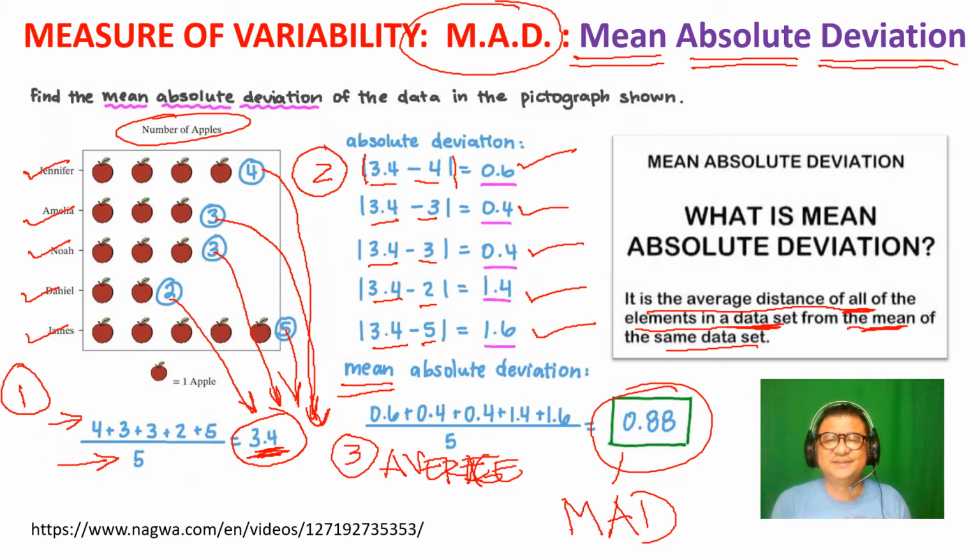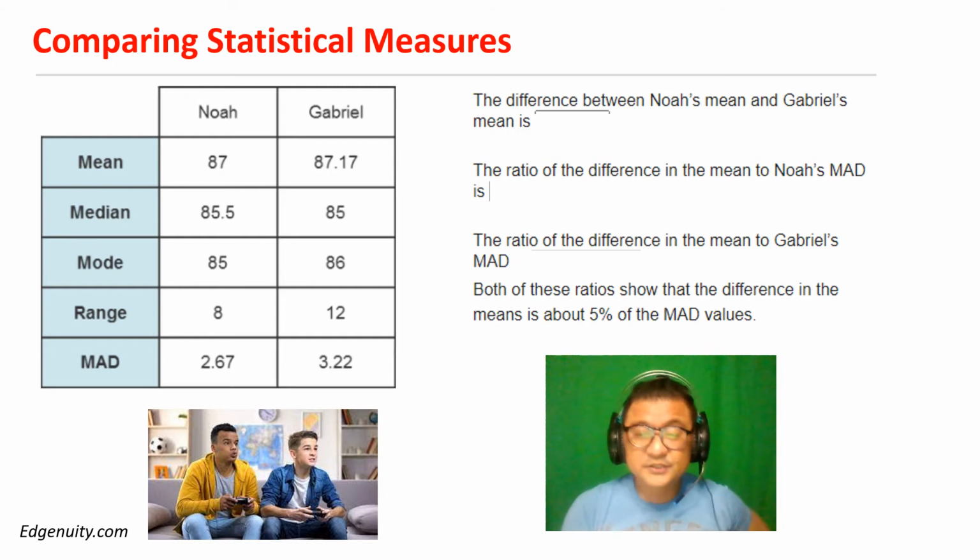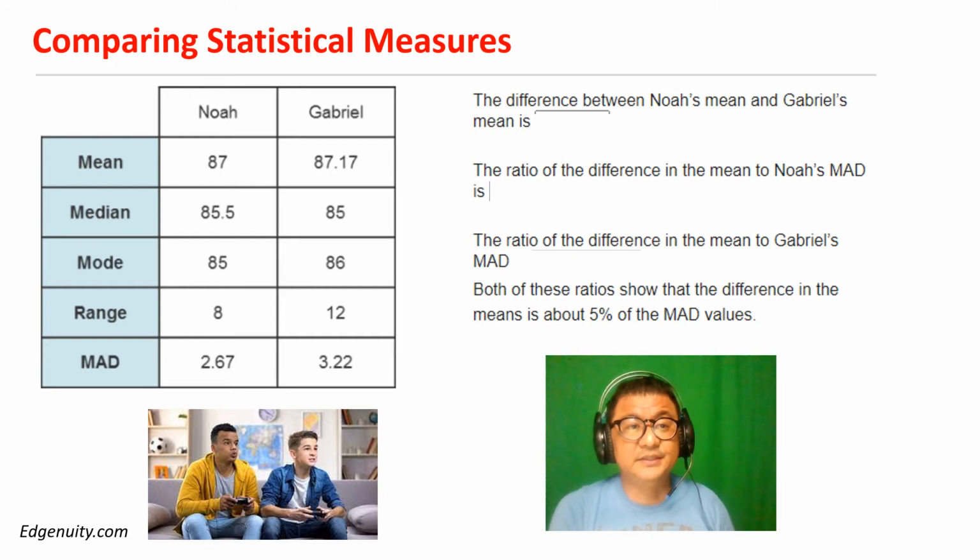There you go. Now, this is another way to compare variability. Now, check this out. Let's say there are two report cards, the report card of Noah and the report card of Gabriel. And they solved it already for us. We already have the mean, median, mode, range, and MAD. Good. No need to solve. Now, one way to compare is like this.